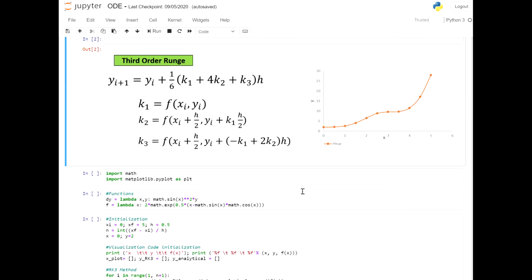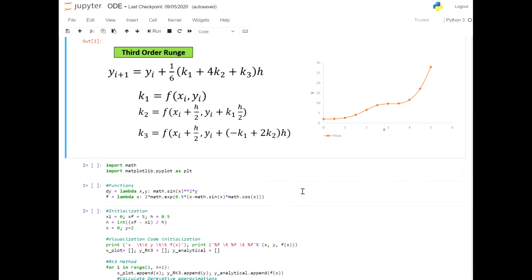So the third order Runge Kutta is defined generally this way: yi plus 1 is equal to yi plus 1/6 multiplied by k1 plus 4k2 plus k3, all multiplied by h, where k1 is the derivative at the start of the interval and k2 is the derivative at the midpoint using k1.